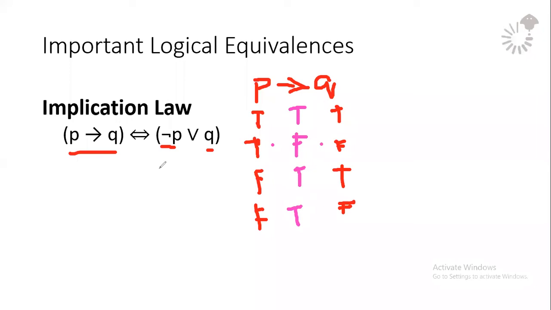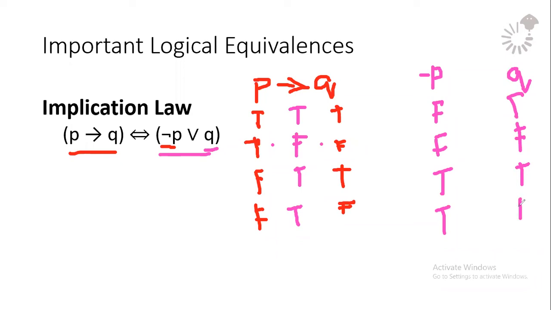That is implication. For this one, negative P. What is negative P? Negative P is false, false, true, true. Q is true, false, true, false. What is their operation? Tama, or.